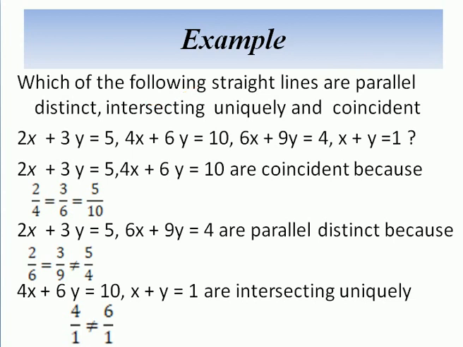So consider one example on this concept. The example is, which of the following straight lines are parallel, distinct, intersecting uniquely, and coincident? The first equation is 2x plus 3y equals 5, then 4x plus 6y equals 10, 6x plus 9y equals 4, and x plus y equals 1.